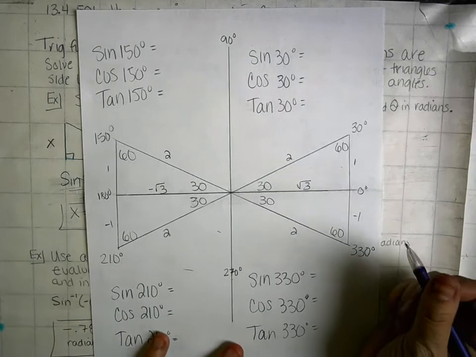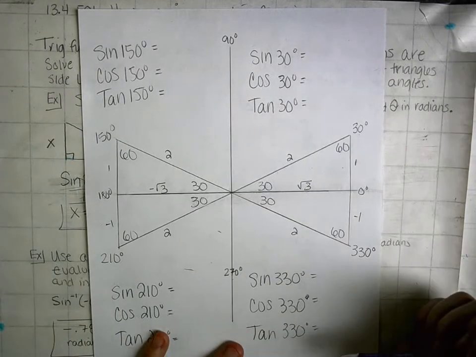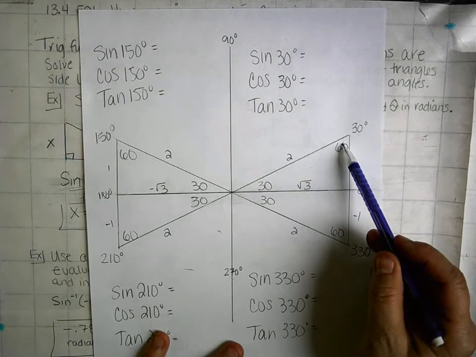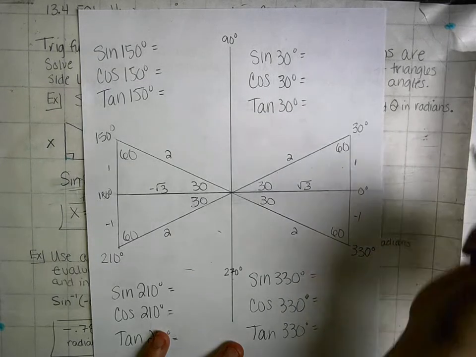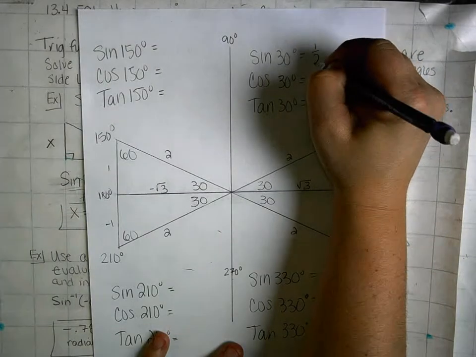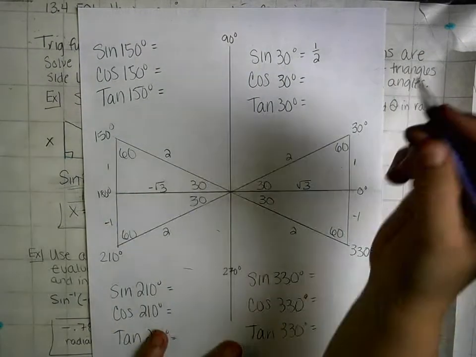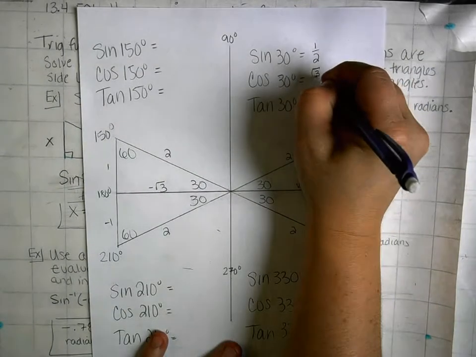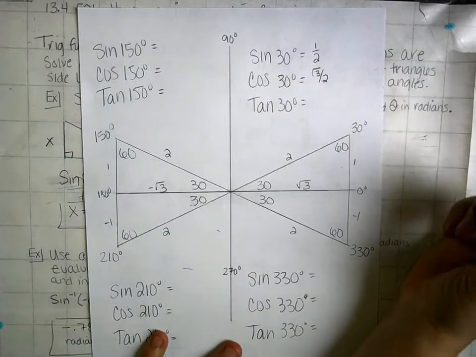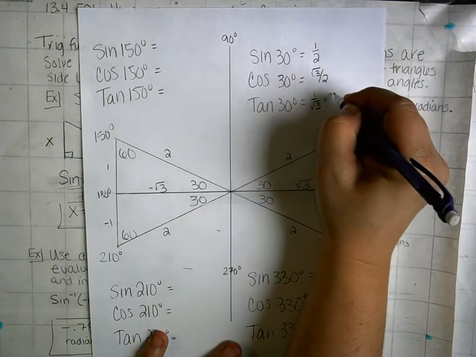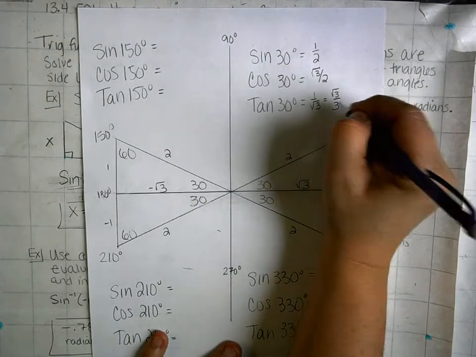And for each one of these quadrants, we're going to list the sine, the cosine, and the tangent. In the first quadrant, notice that they're all positive. So the sine of 30 is 1/2. The cosine of 30 is the square root of 3 over 2. And the tangent is 1 over the square root of 3, which we changed to the square root of 3 over 3.